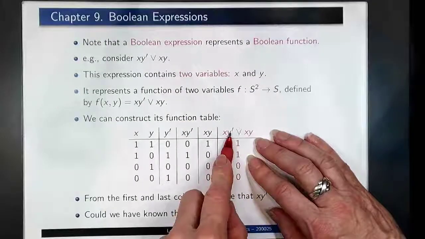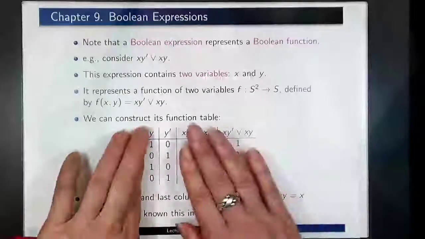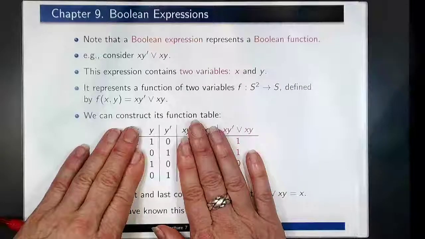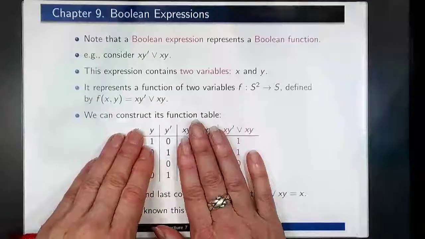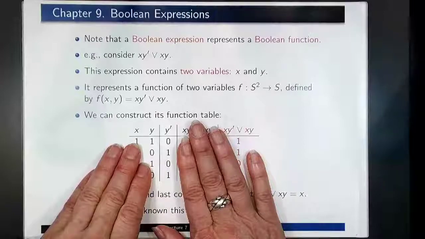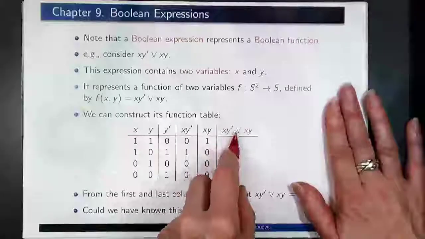So for this, we're going to need y dash. So we have a column y dash, and from the column y, we calculate y dash. That's really easy. It means not y. Whatever y is, it's not. Not true is false, not false is true, if you're thinking in terms of true and false. And now we'll need x y dash.